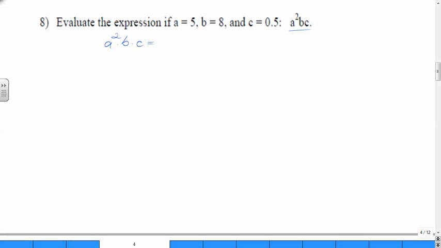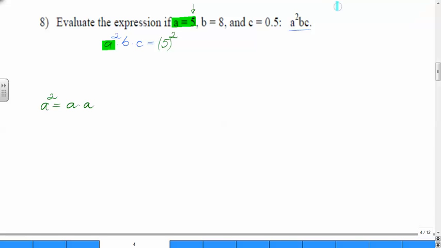Now we also know that A squared, remember from the previous problem, is A times A. One at a time, you were going with substitution. A is substituted by 5. Well, that means wherever you have A, you're going to write that 5. Right? So I have 5 instead of my A, but don't forget it has to be squared.